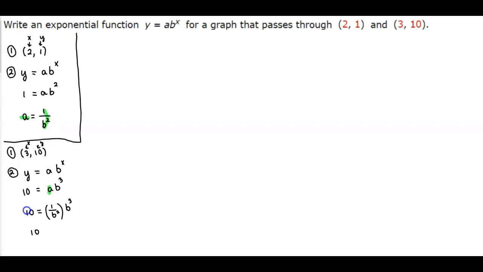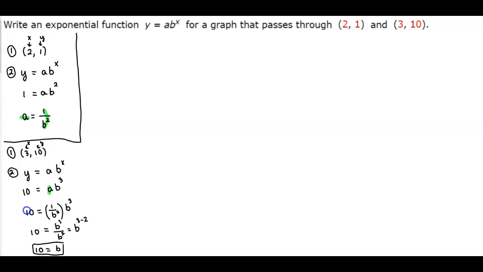That means that 10 is going to equal b cubed divided by b squared. We have the same base, and we're dividing the exponents, so that becomes b to the 3 minus 2, which becomes just b. So now we know what b is equal to.